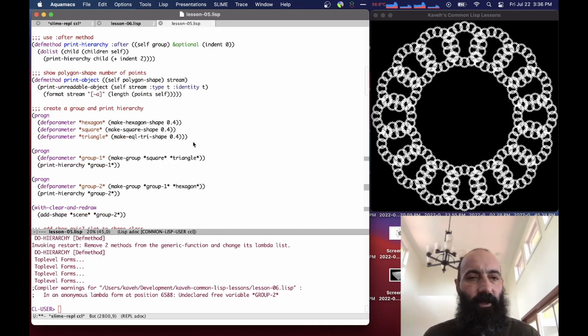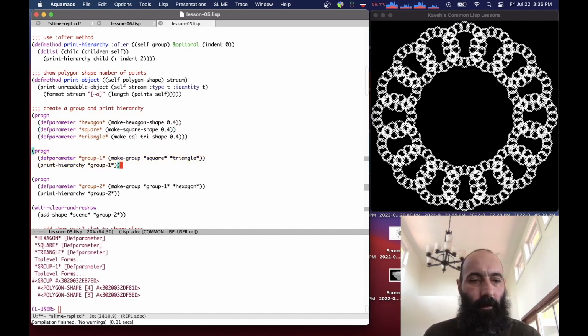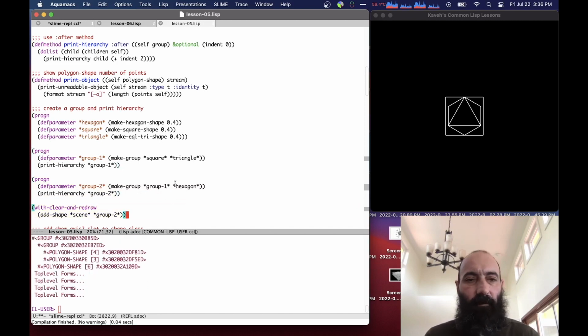So we created all these shapes last time. So let me just reevaluate all these things. Into the hierarchy of group 1. We made a group 2. We added group 2 to our scene.